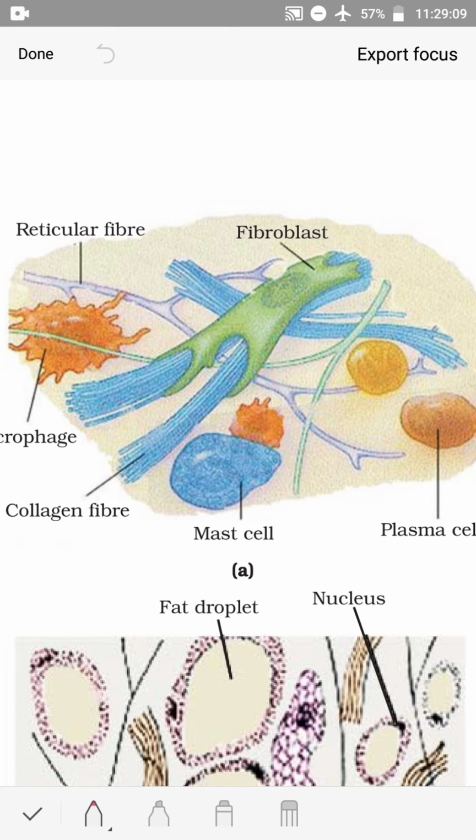This is areolar tissue. It has reticular fiber and collagen fiber. In this, the cells present are mast cell, plasma cell and macrophage, embedded in these fibers.